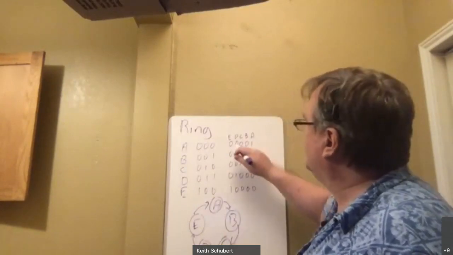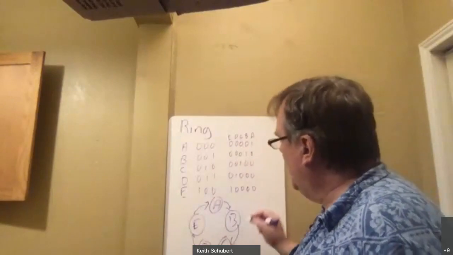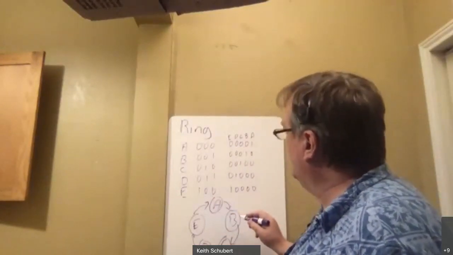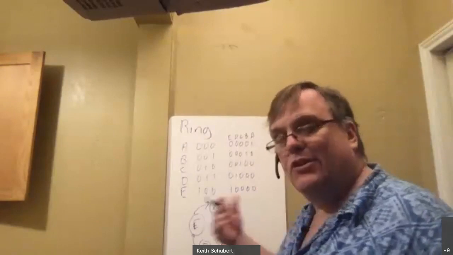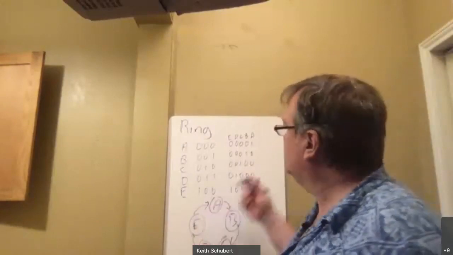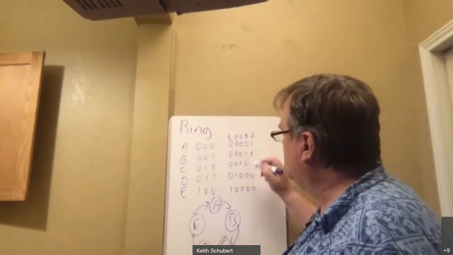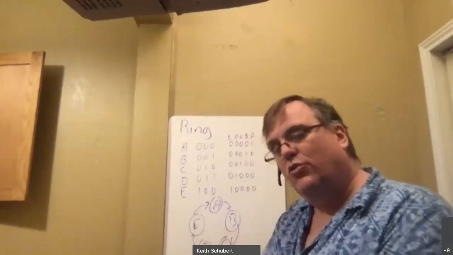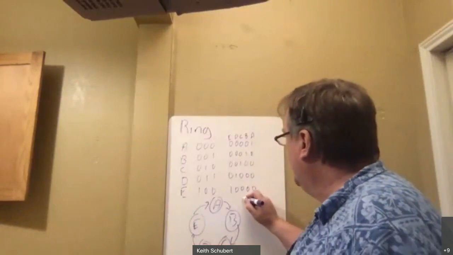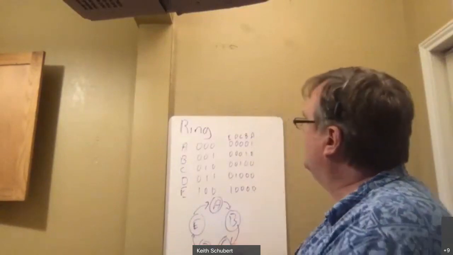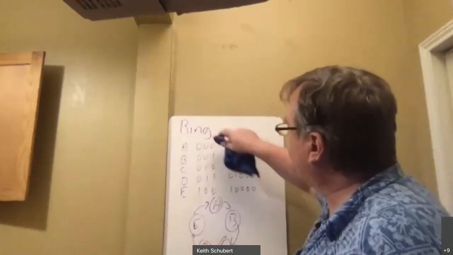For something small like this, I could decide, hey, I'll just use one hot. And then to actually count on these, I don't have to use a regular adder or anything. To go from A to B, I just have to shift. I don't even have to do that turn one on, turn one off thing. I can just set up what's called a ring counter.